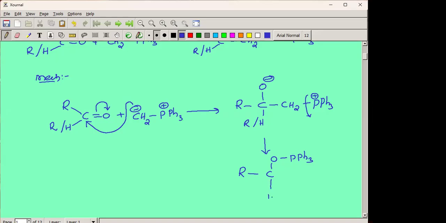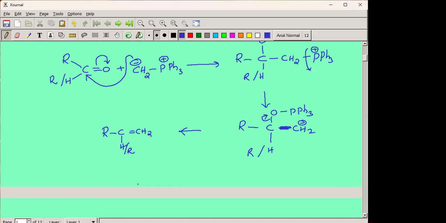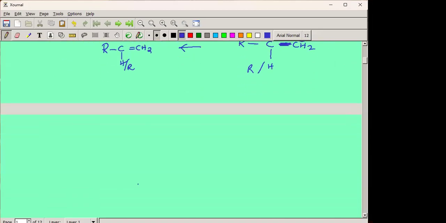Here it is H and R with a double bond to CH2. Then the bond is broken and it is converted into the alkene. So this is the mechanism of the Wittig reaction, where ylides are the intermediates.